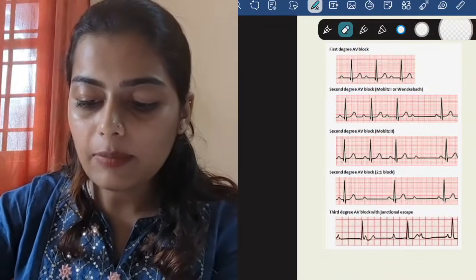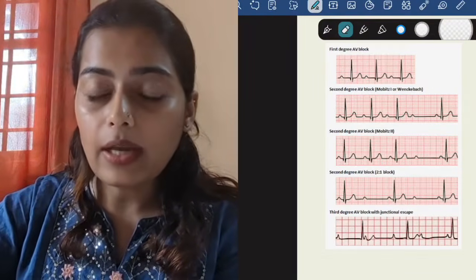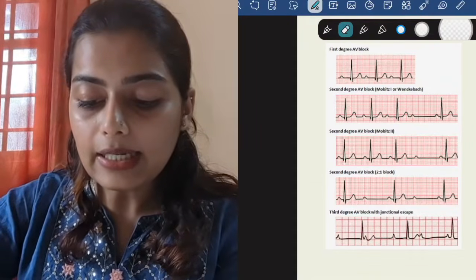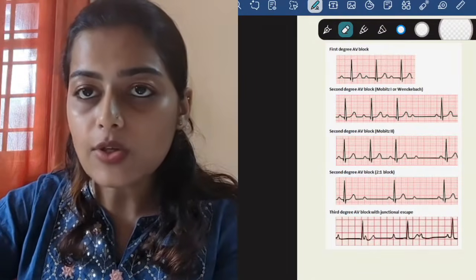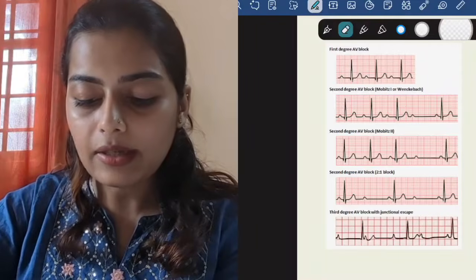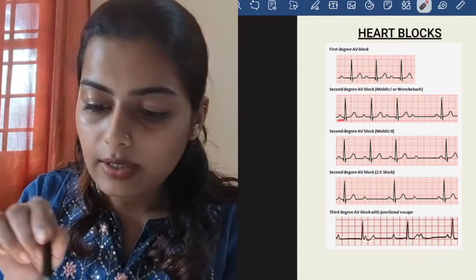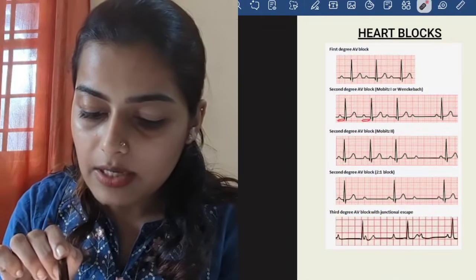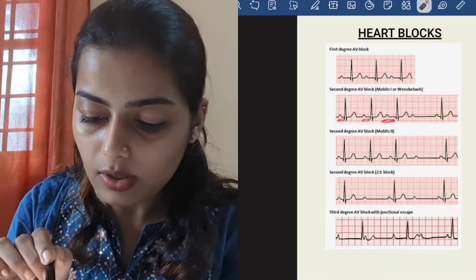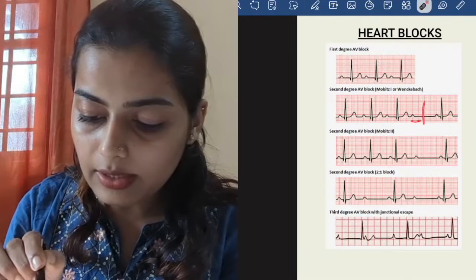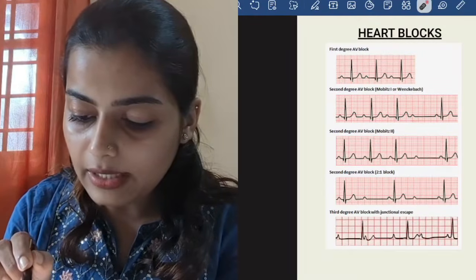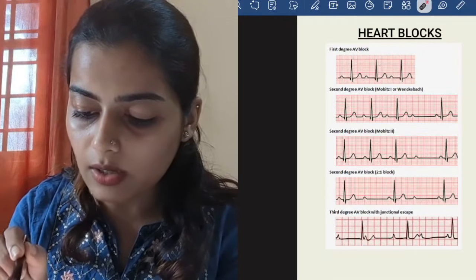In second degree AV block, there are two types, Mobitz type 1 and Mobitz type 2. Mobitz type 1 is also called Wenckebach's phenomenon. In that, the PR interval keeps on changing. In this diagram, you can see that the first PR interval is short, then it is prolonged, then it is again prolonged, and finally you are not seeing a QRS complex here.